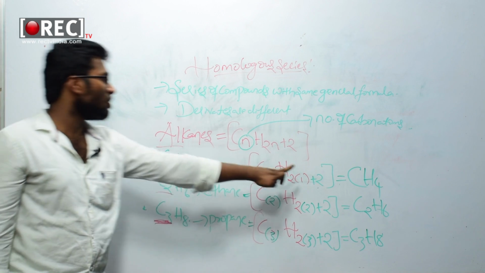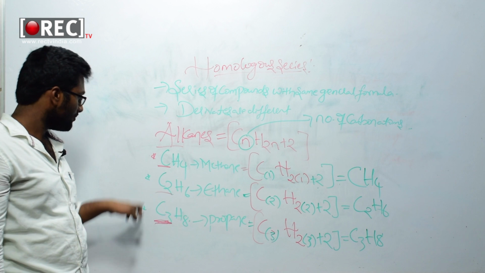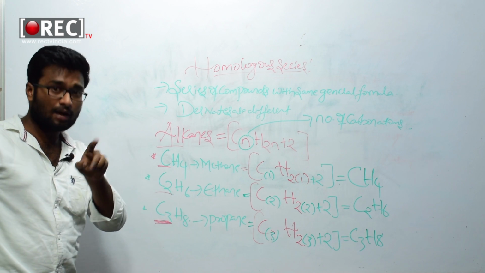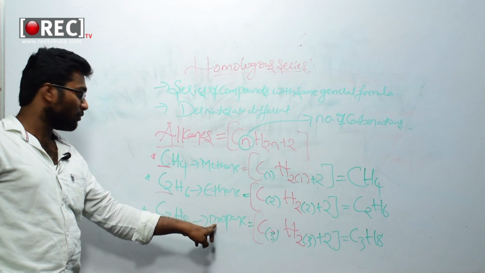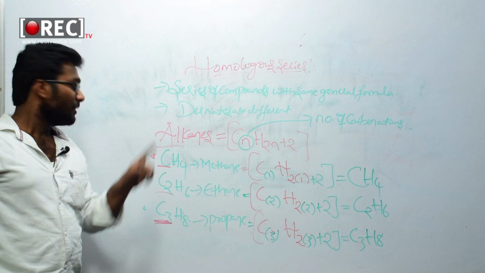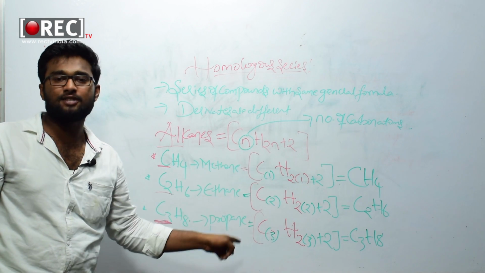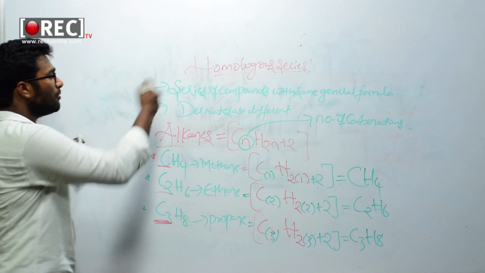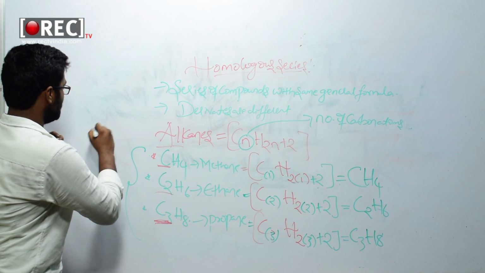We are deriving these compounds from the same general formula, but the derivatives are different. One compound has only one carbon atom, ethane has 2 carbon atoms, and propane has 3 carbon atoms. But we derive them using the same general formula. These kinds of compounds with the same general formula are called homologous series. These compounds are called homologs.